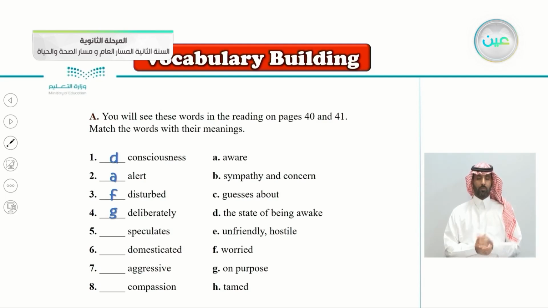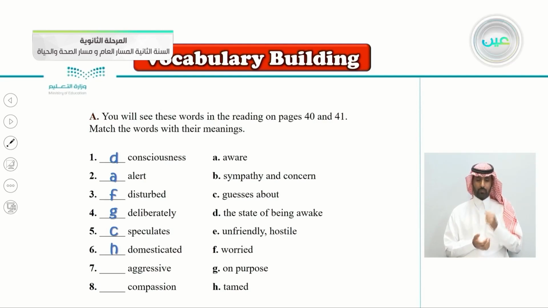Number five, speculates. Speculates goes with the letter C. Very good. To guess about something. Speculates, guesses about. Domesticated, number six, goes with the letter H. Tamed. Domesticated, to be tamed.